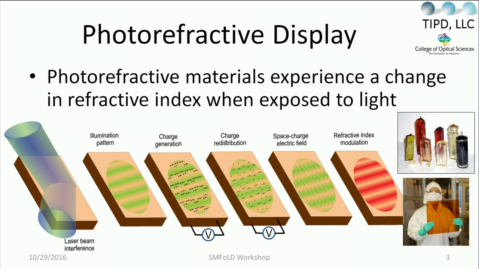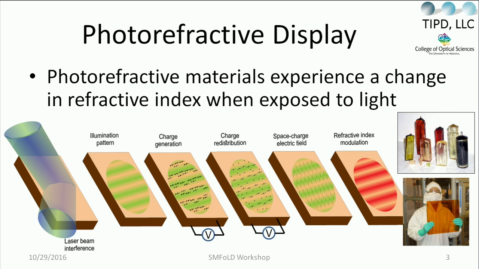That sets up a local electric field, and if there's a molecule with a dipole moment, then it rotates in the presence of that local electric field, and in particular molecules, that then transfers that rotation into a refractive index change. So now I've taken my intensity change into a refractive index change, and when I re-illuminate that, I can regenerate my hologram.